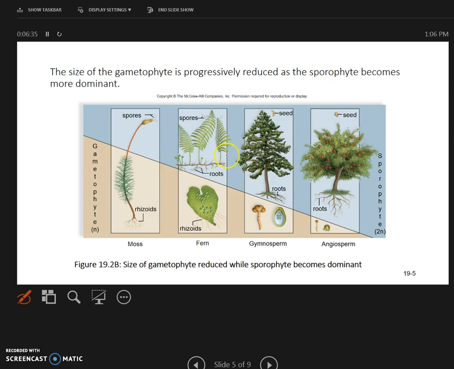Sporophyte dominance is associated with adaptation for reproduction in a dry terrestrial environment. That's how they conquered land. So we first see the mosses in which the gametophyte is dominant, and then we see ferns in which the sporophyte has become dominant. These are seedless. We'll talk about this later on as we go on.